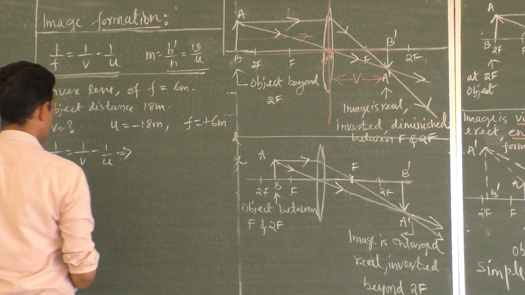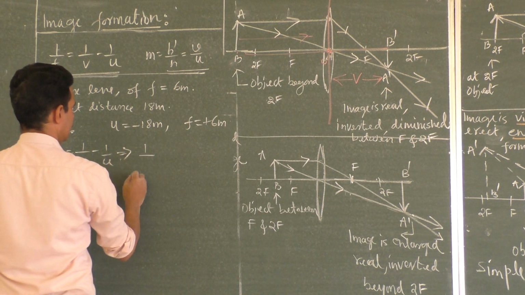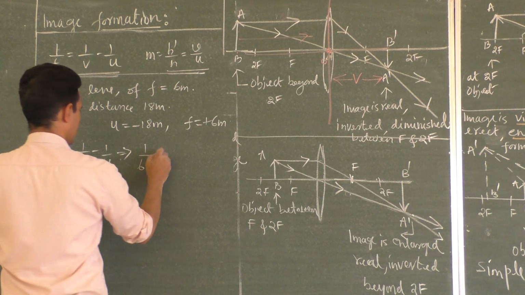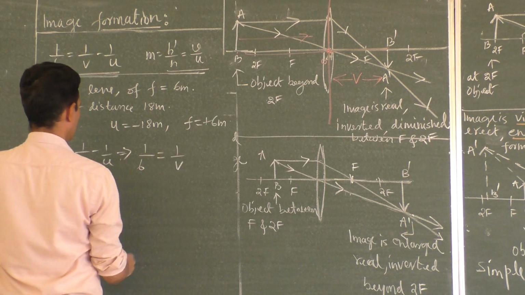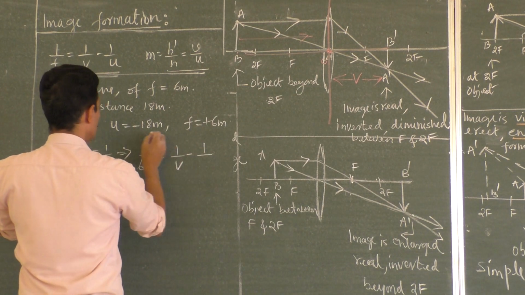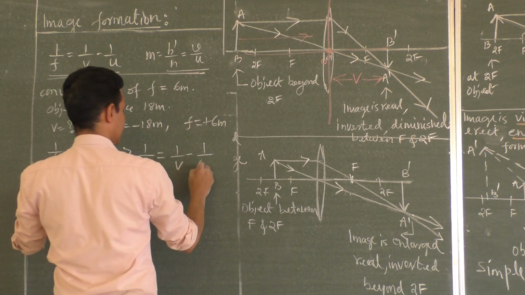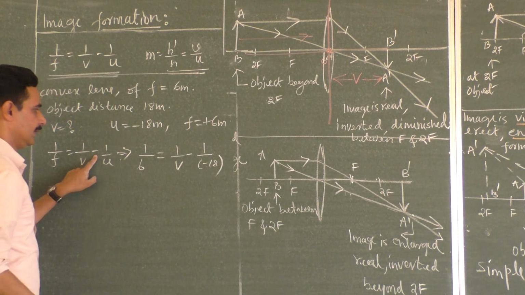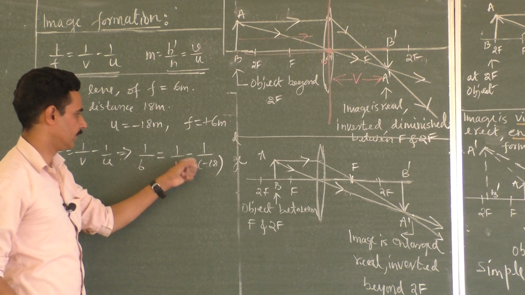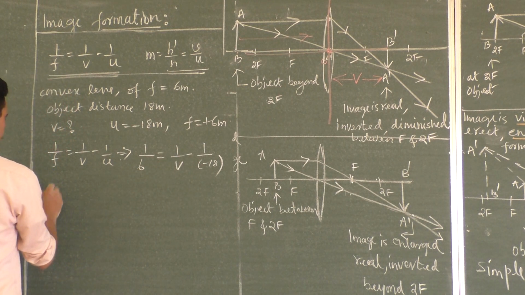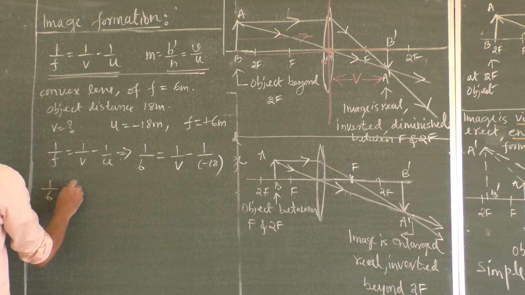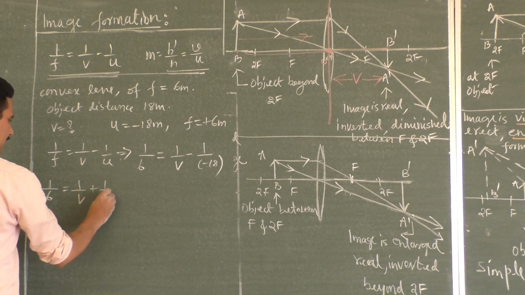That implies 1 by 6 is equal to 1 by v minus 1 by u, u is minus 18, this becomes plus 18. Writing the step: 1 by 6 is equal to 1 by v plus 1 by 18.